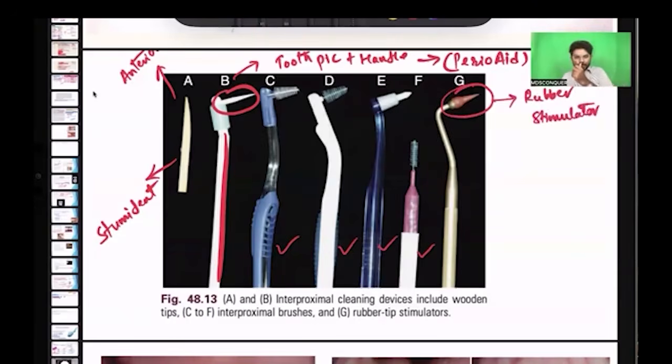This is question number 18. Done? Okay, very good.